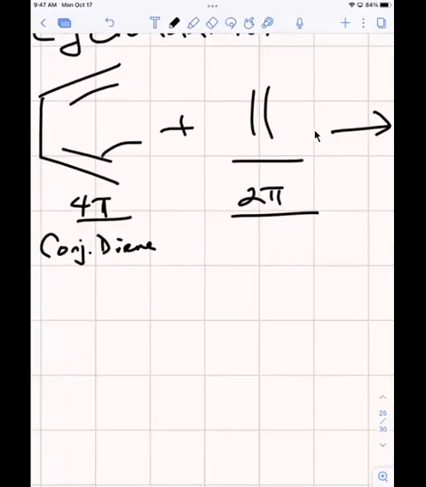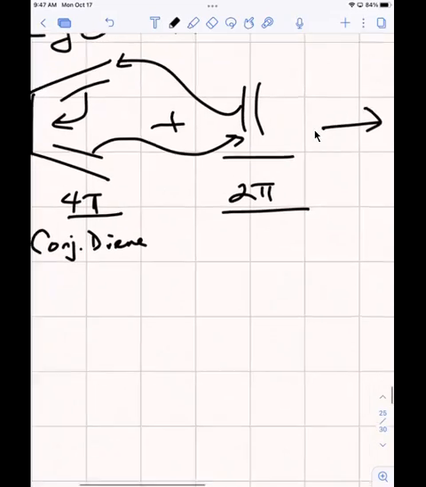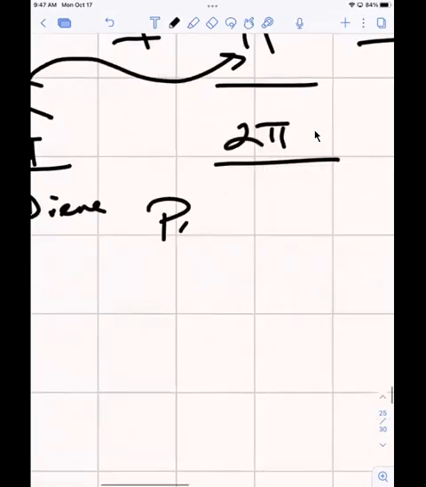And the way this happens, the mechanism is very simple. And there are other considerations like which orbitals overlap and all that, which we'll talk about later. But overall, the mechanism is what we call pericyclic.